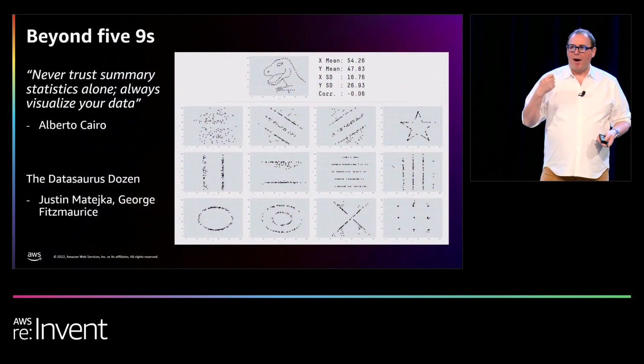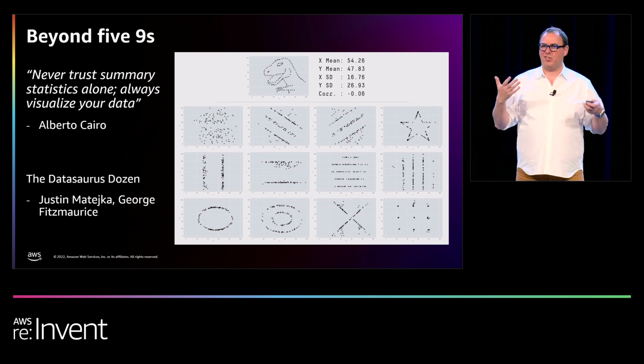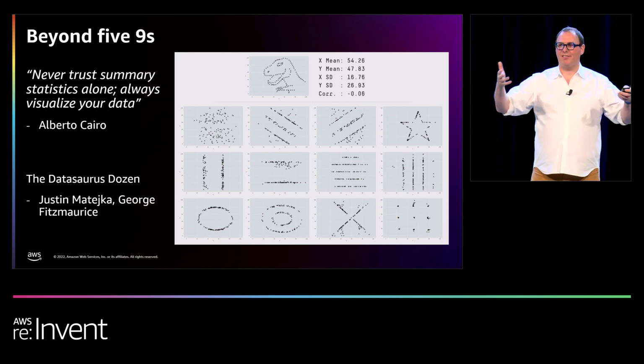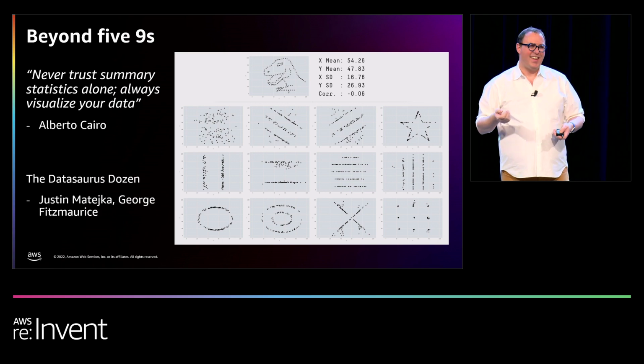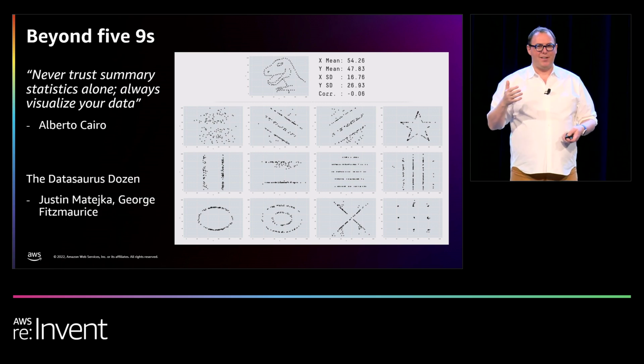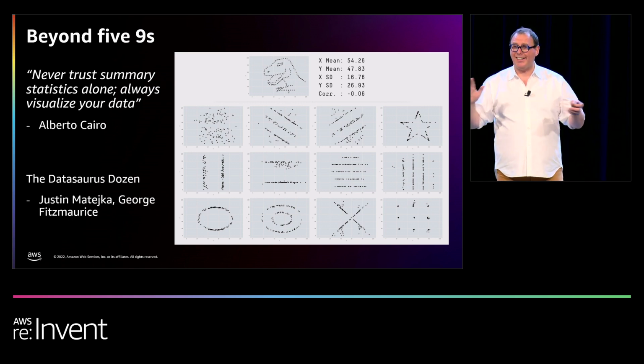And part of the challenge here is that the nines model is really just a simple summary statistic, right? It's just a single number that's trying to describe a complex data set. One of my favorite papers is a statistical paper where the authors produced these data sets that are radically different.